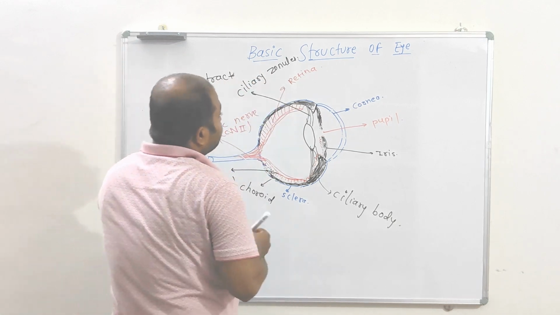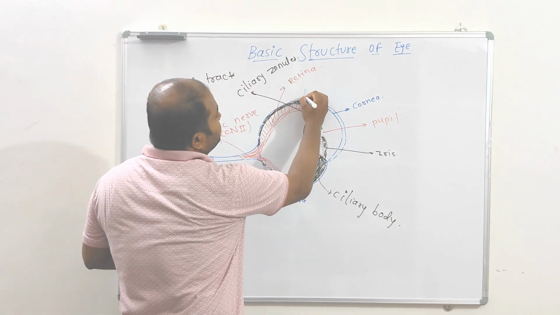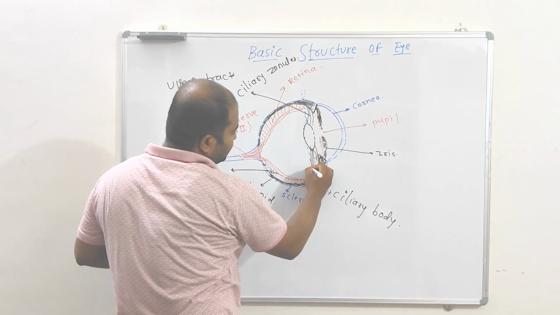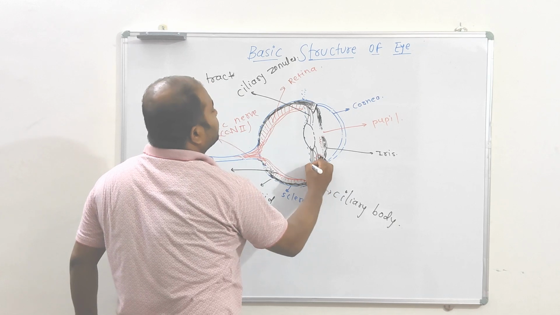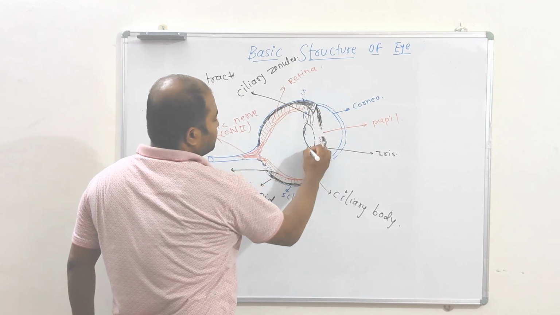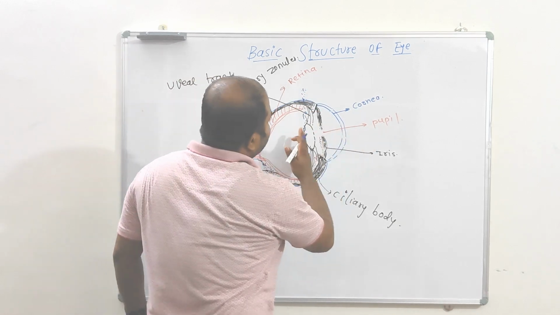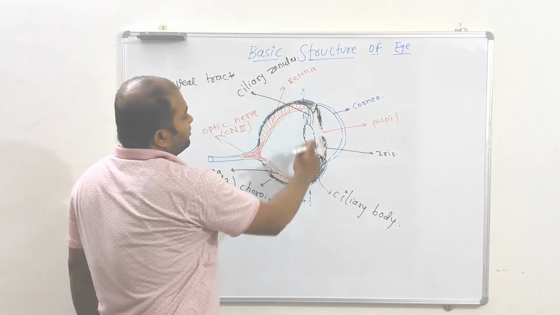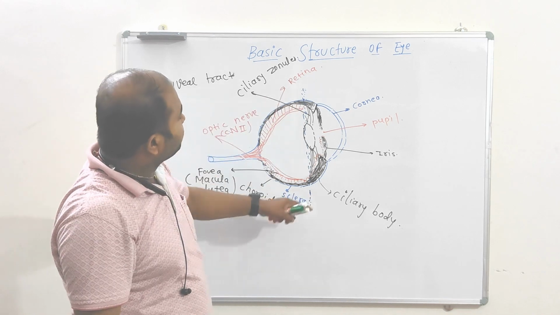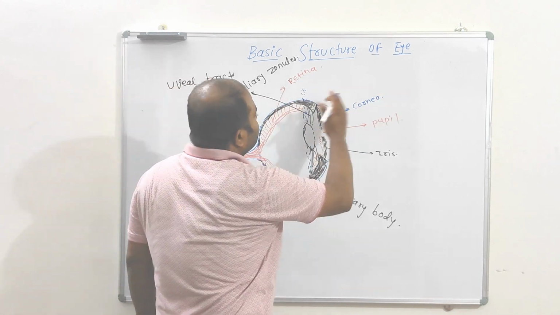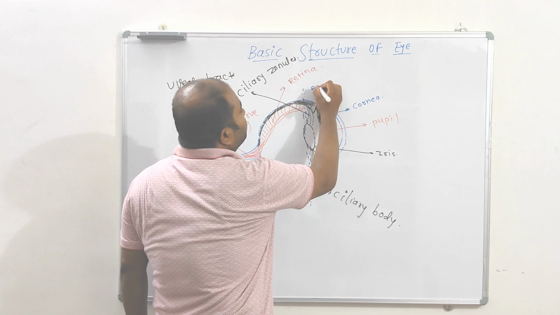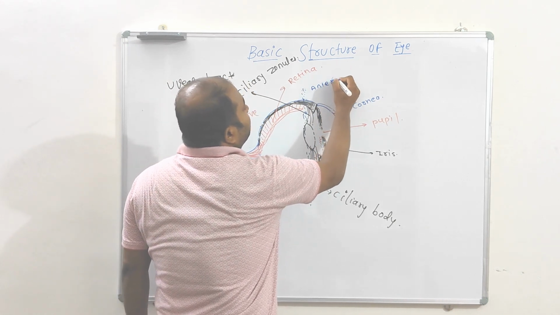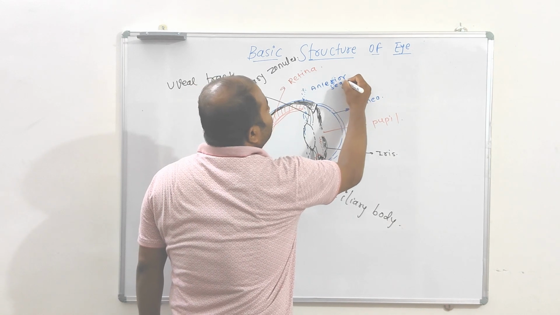So the structures you are seeing up to here, just this lens, if you draw a line, the structures present in the eye anterior to this line are called the anterior segment.